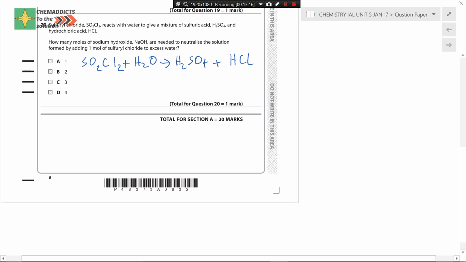So here we have 2 chlorine on the left hand side and 1 chlorine on the right hand side. For that we need to add 2 over here. Now we have 4 hydrogen on the right hand side and 2 hydrogen on the left hand side. So here we need to multiply this by 2, so that is why this is 4.